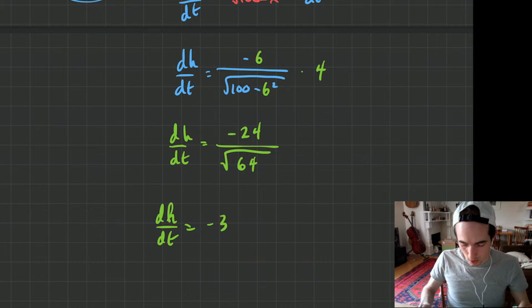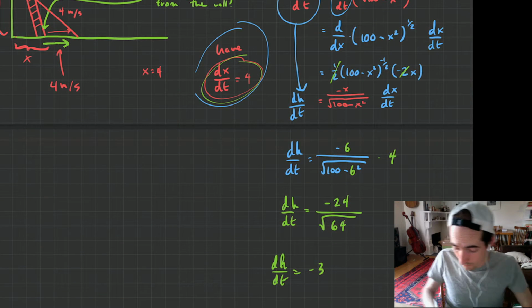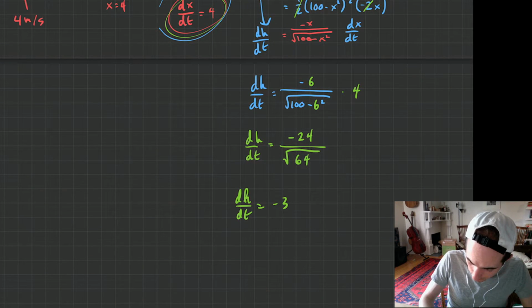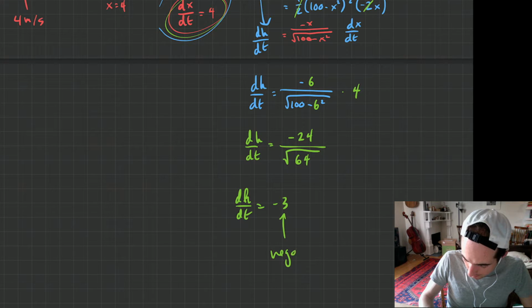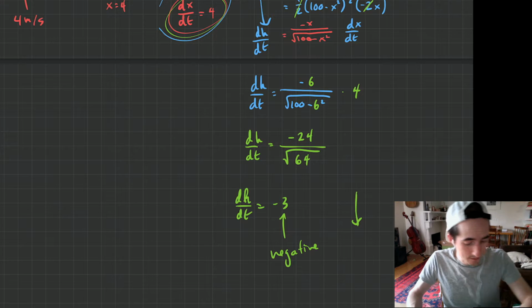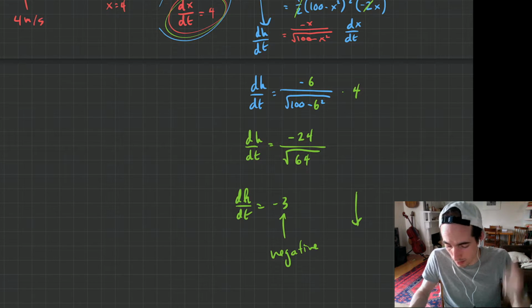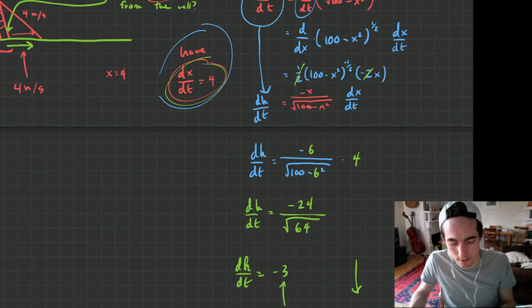Great. So let's interpret that. Let's see if that's consistent with our intuition. Well, first of all, it's a negative, which is consistent with the fact that it's going down, right? That's perfect. If it was positive, we'd have an issue. Yeah, go ahead.